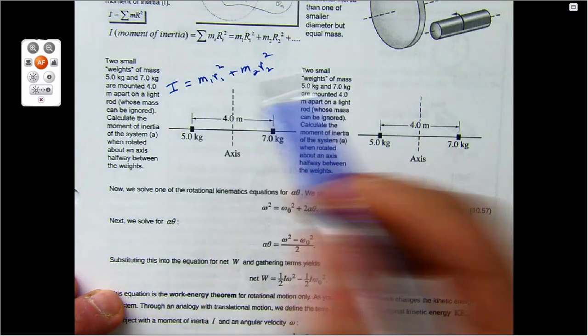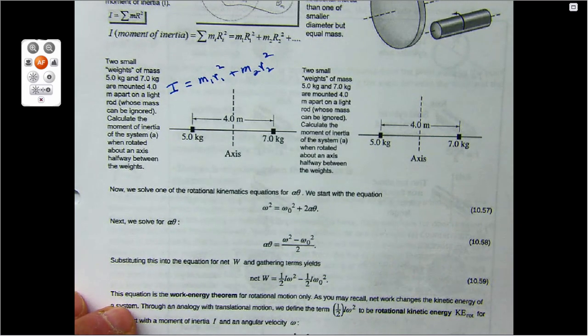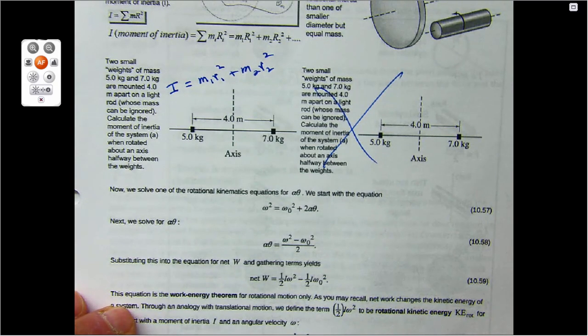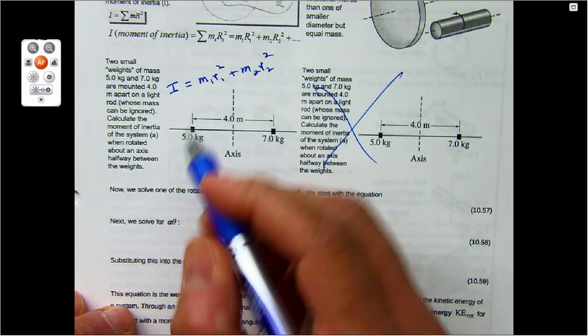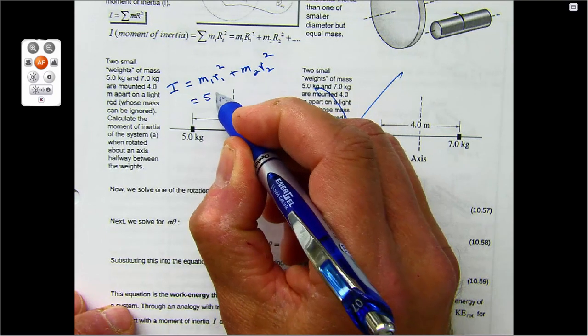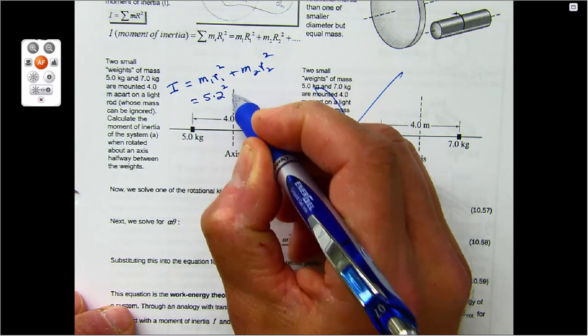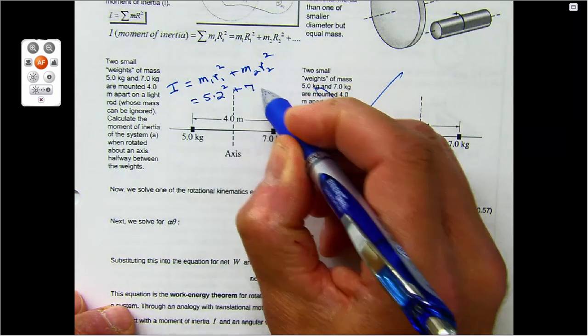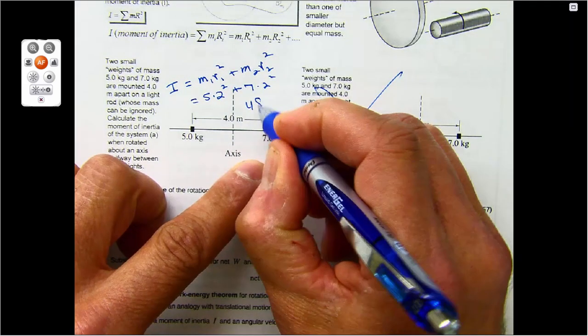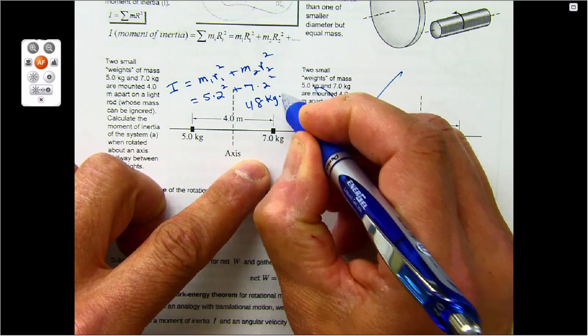It's a summation of all of that. And I duplicated this twice for some goofy reason. So the moment of inertia here, you'd have 5 kilograms times 2 squared plus 7 kilograms times 2 squared. You have 20 plus 28, we get 48 kilogram meters squared.